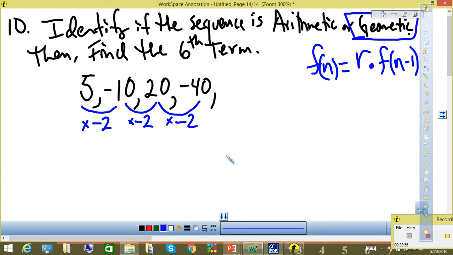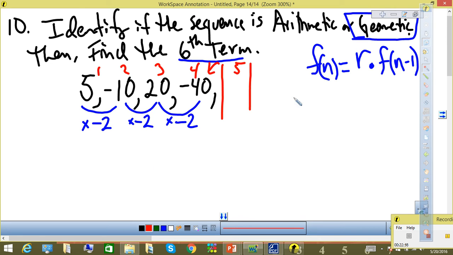Okay. So we need to find which term? 6. But we're missing which one? The 5th. That means we need to first find the 5th term. So we got our first term, got our second, third, our fourth. So now we need to find the 5th term. To find the 5th term, we need to start with the previous one, which is which term?